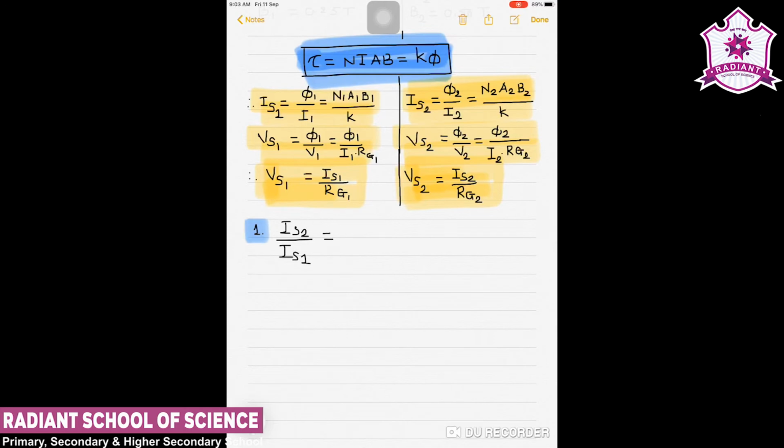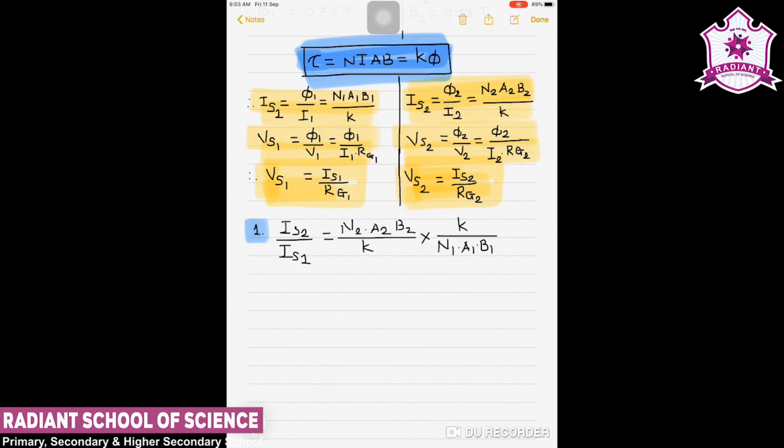We just have to apply that. So now IS2 is N2 A2 B2 over K, and below that IS1 is in the denominator, so it will have N1 A1 B1 over K.